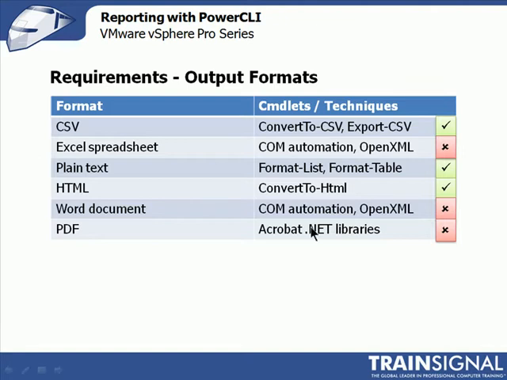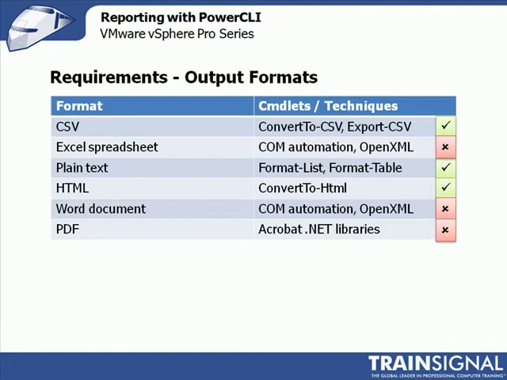Next up, HTML. We've got a commandlet called convert to HTML, and as you might guess based on how I told you convert to CSV works, convert to HTML produces the text that will go into an HTML document. There's some flags on it. You can produce just a fragment of HTML. So say that you've got a listing of data in a table.